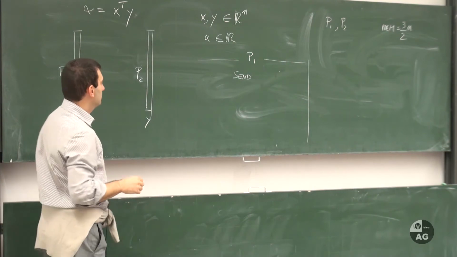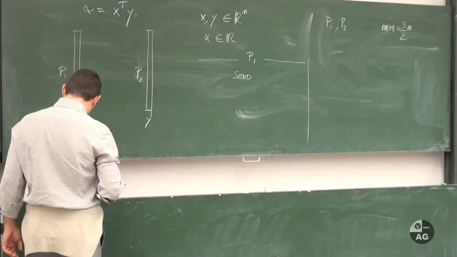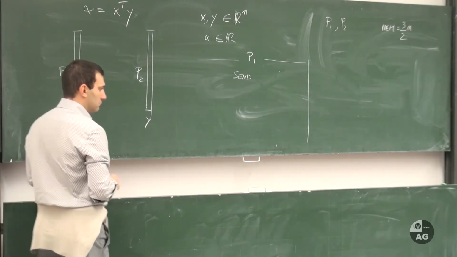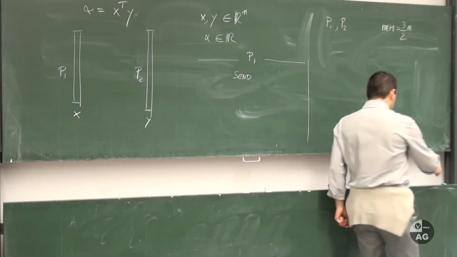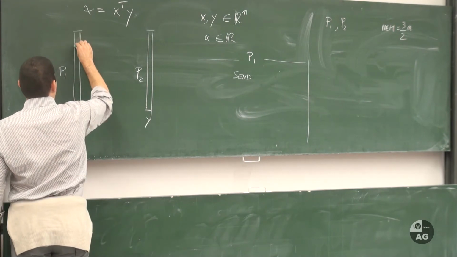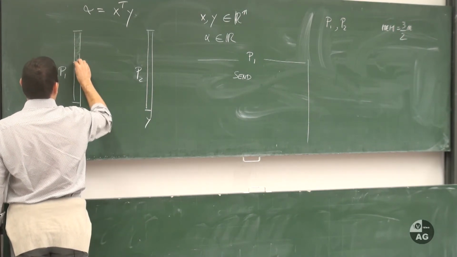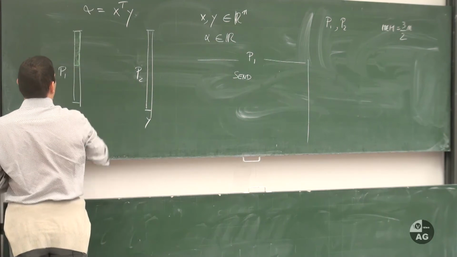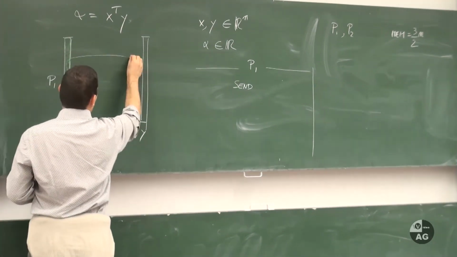And we're going to send, say, the first half of our vector, which is x. And obviously we're going to send it to P2. So you want to send the first half. You want to send it to P2.